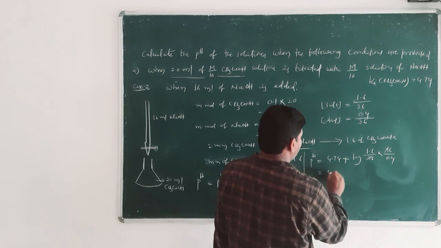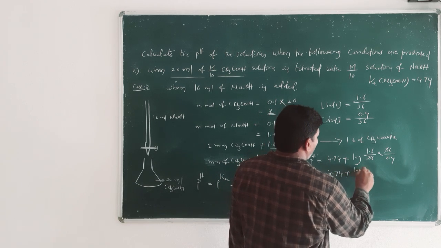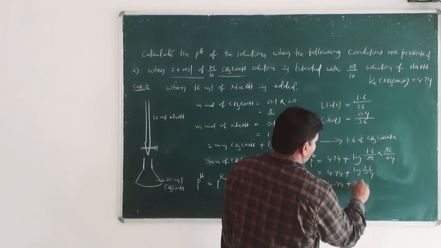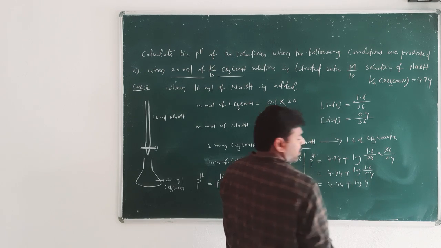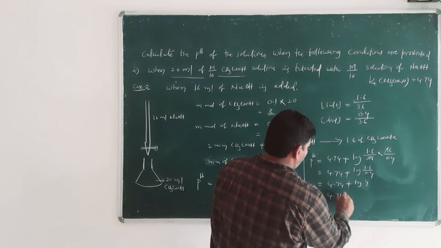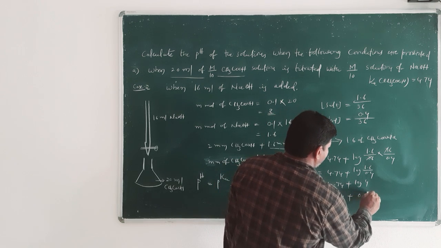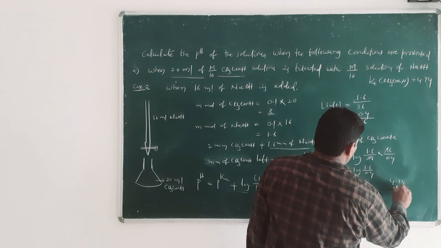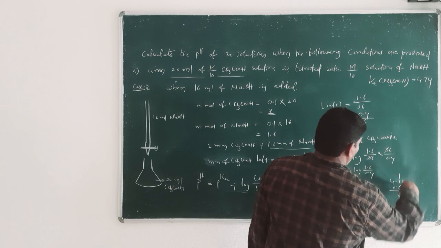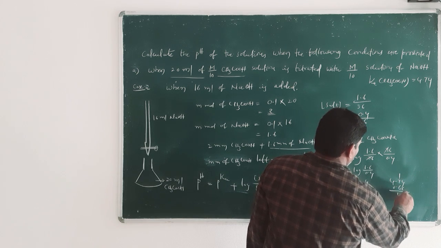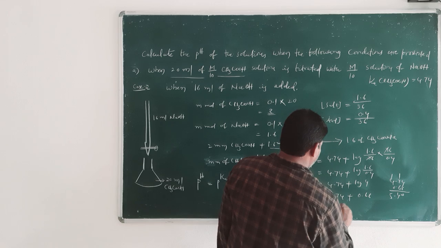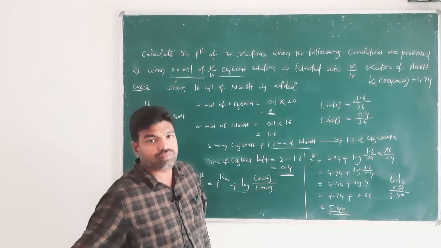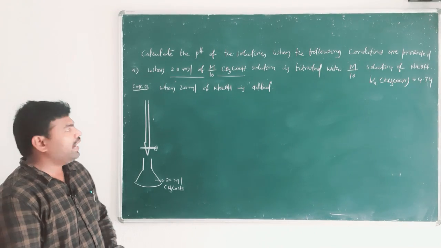The 36 gets cancelled. So 4.74 plus log of 1.6 by 0.4, that is 4.74 plus log 16 by 4, that is 4.74 plus log 4, which is 0.66. So 4.74 plus 0.66 gives 5.40. pH is 5.40.